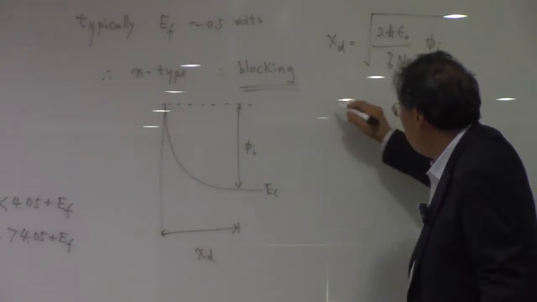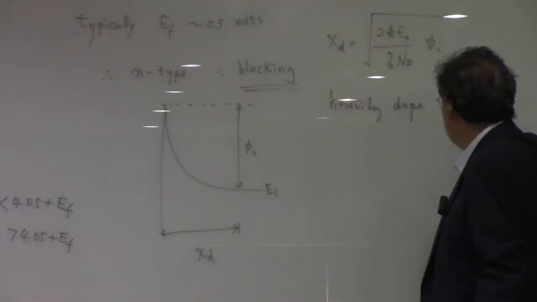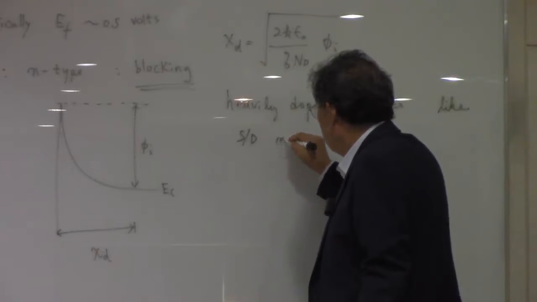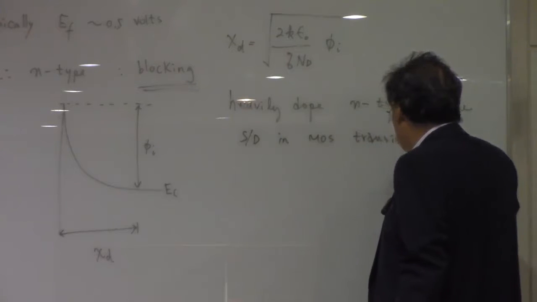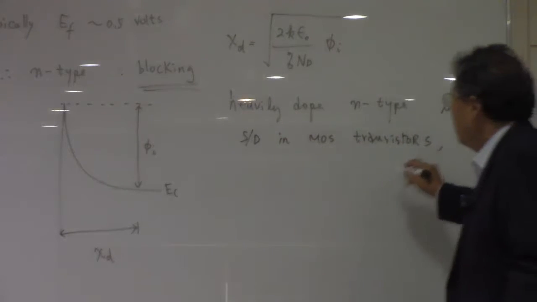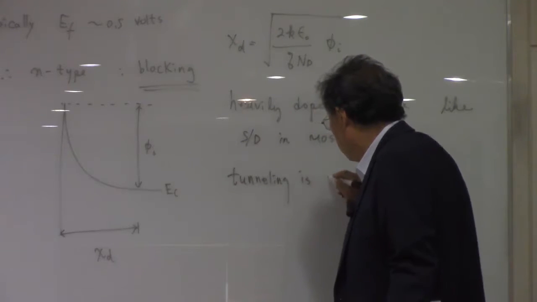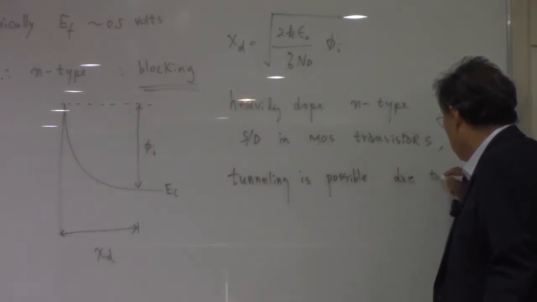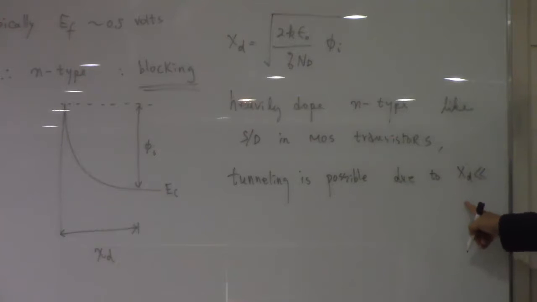So if you heavily dope n-type, like source and drains in MOS transistors, then tunneling is possible, due to the very small number of this XD.